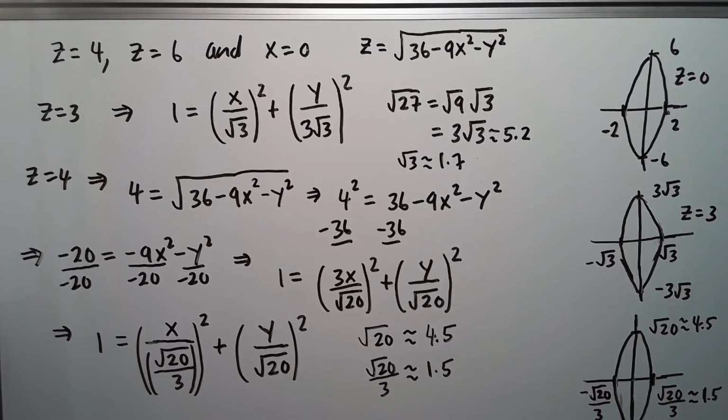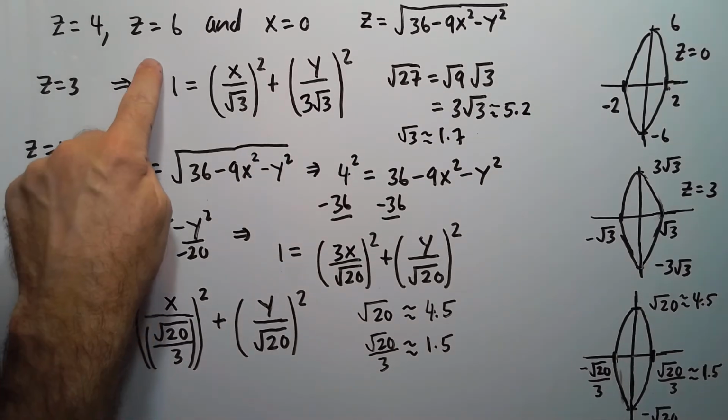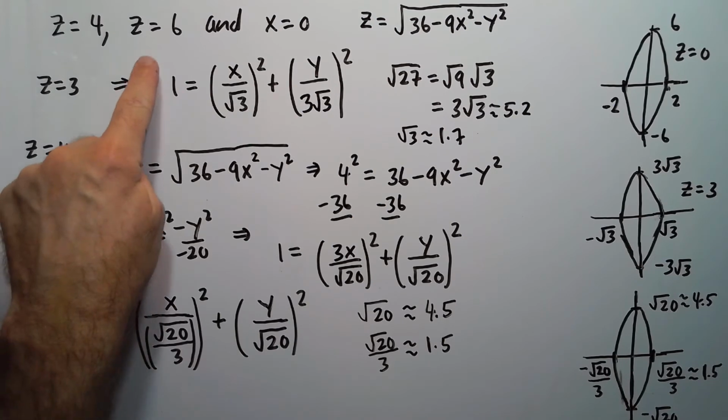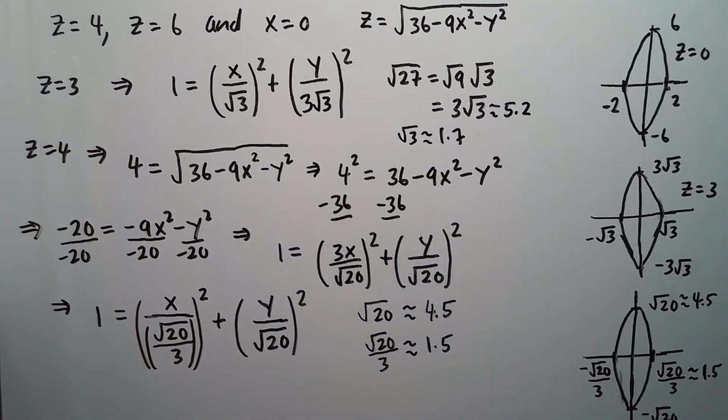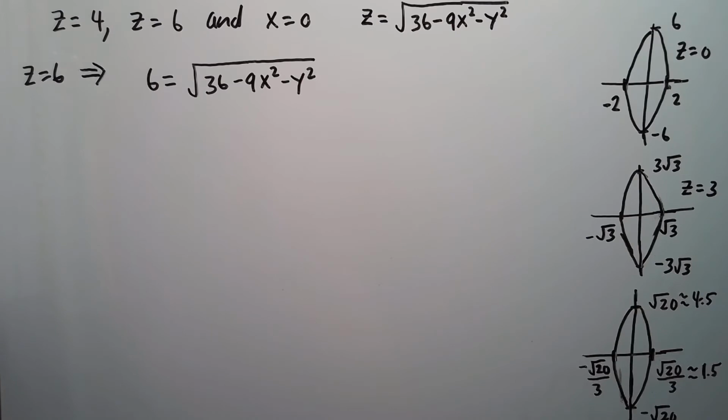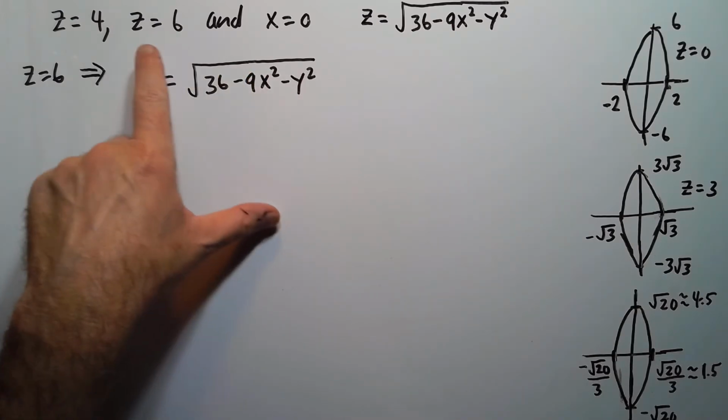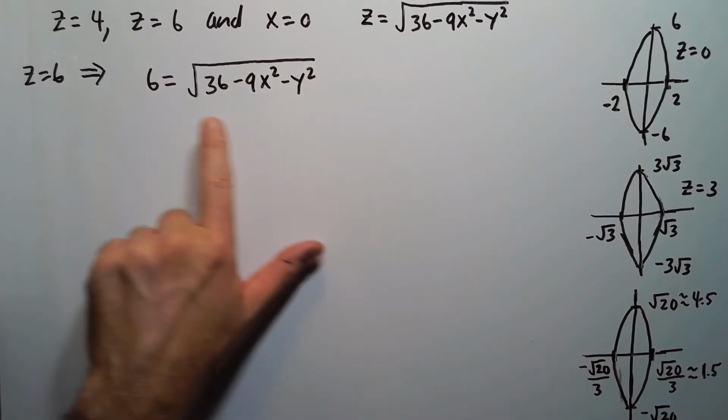So we have to do 6 and x is 0. So let's do x is 6 now. I'm going to erase this stuff here, and we'll do x equals 6. Okay, so doing z equals 6, so putting 6 in place of z here, we'll have this.